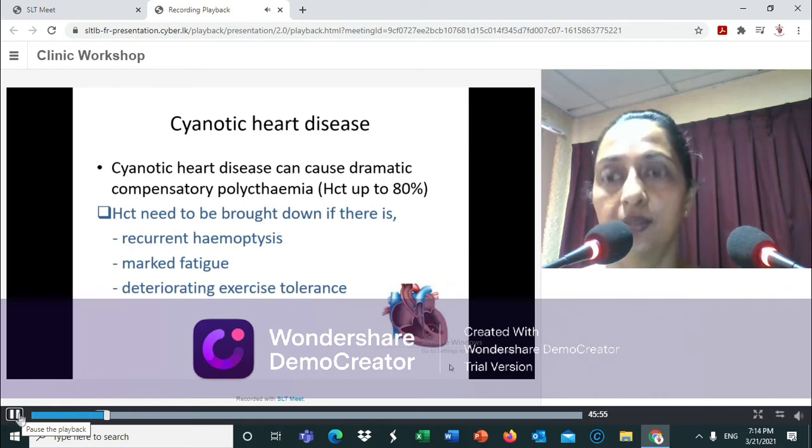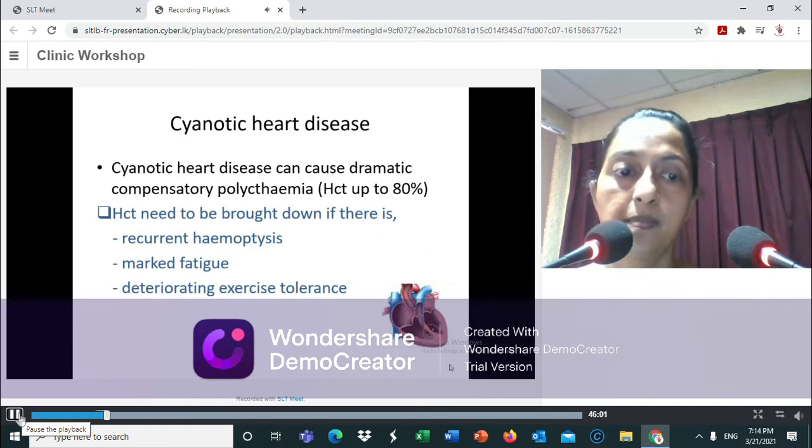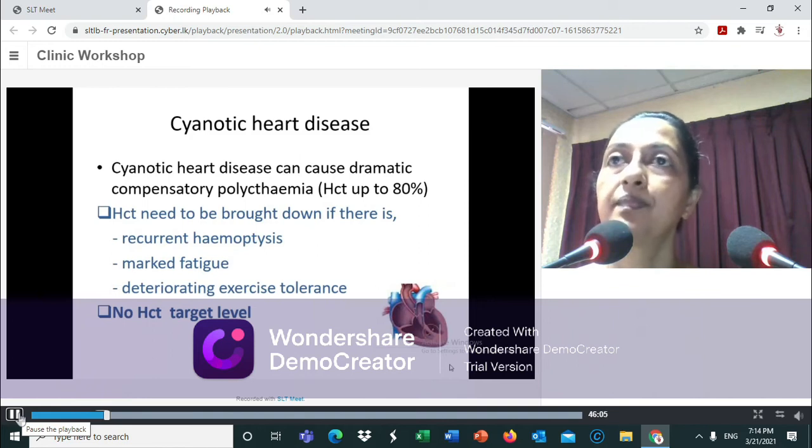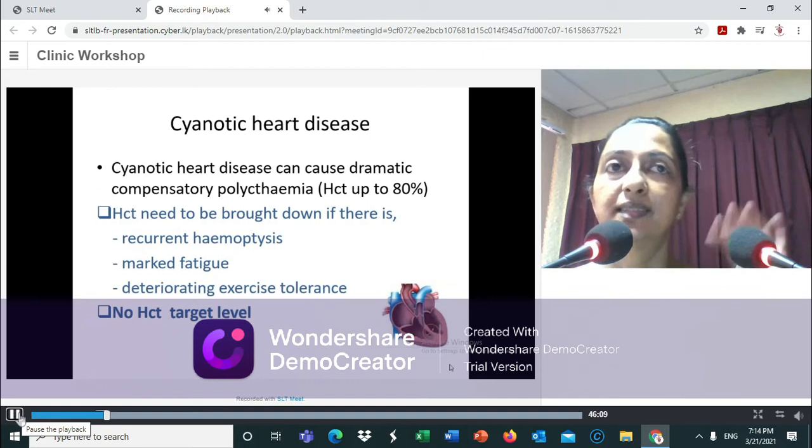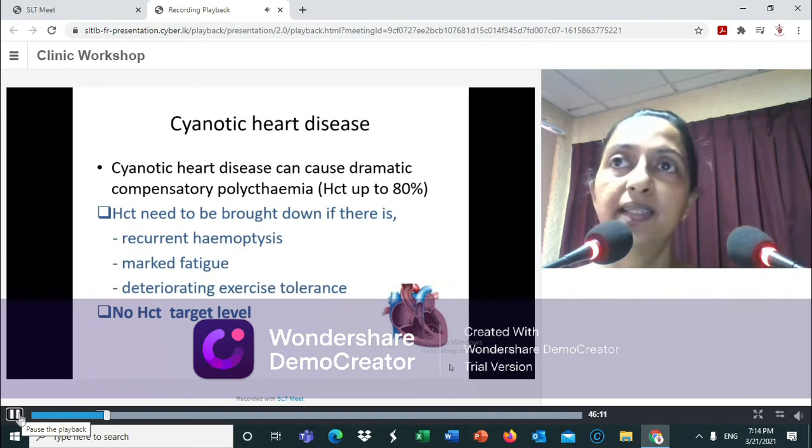The doctors working in cardiology units have to remember these points. Okay? There is no target hematocrit level. Like in the respiratory patients where there is a range given, here there is no such limit or range. It's always individual. Okay?